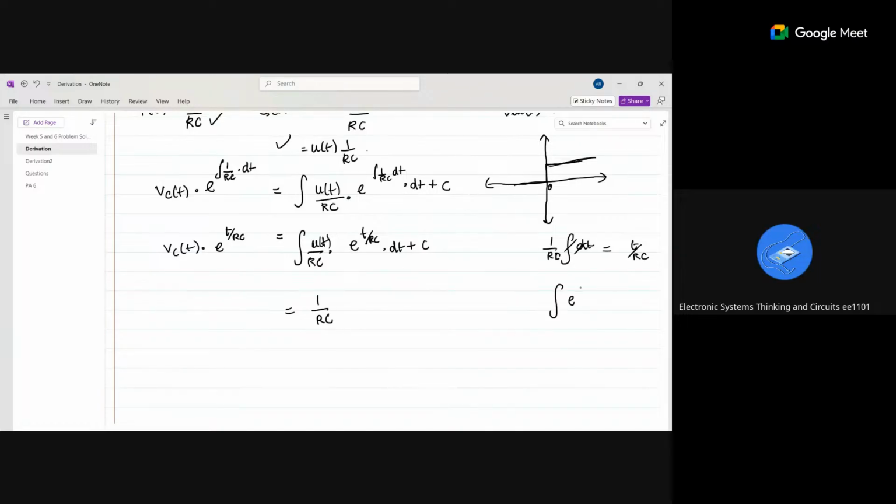So again, it is in the format e^(ax) dt, right? How to integrate it? What is the formula? The integral of e^(ax) is (1/a) e^(ax).